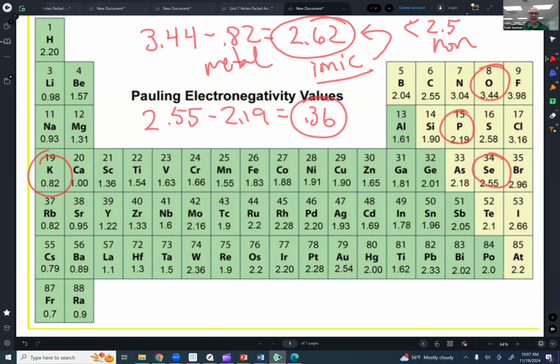If it is 2.5 or greater, that means it's going to be ionic. Now, if it is 0.5 or less, which this one is, that means it's going to be covalent. If it's somewhere in between 2.5 and 0.5, it's going to be called polar covalent. So this one is nonpolar, and we have proof now mathematically.